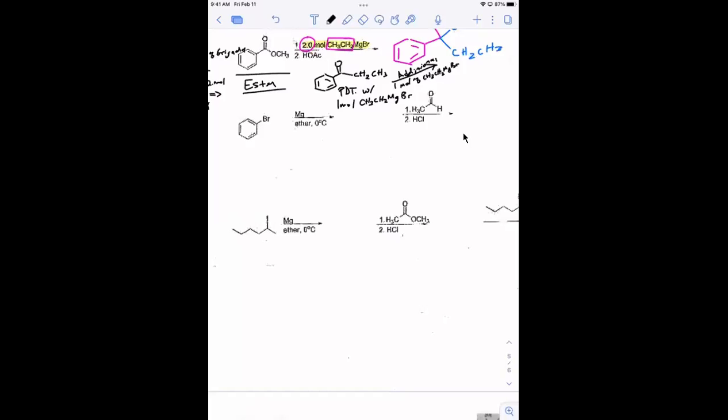This is the first thing we talked about with these Grignards. I take an aryl halide, vinyl halide, or alkyl halide and stir it with magnesium metal. What should I get?